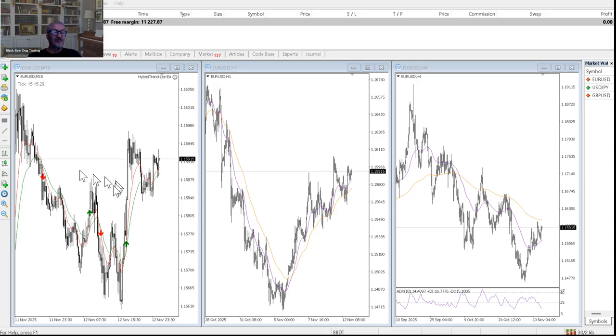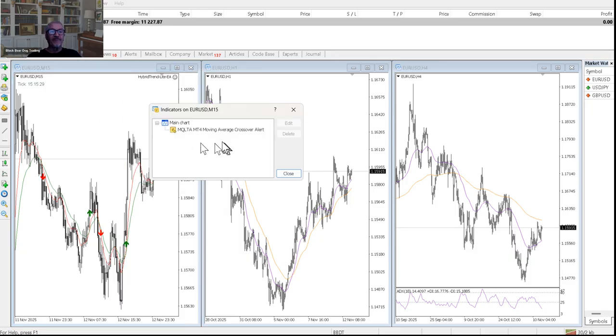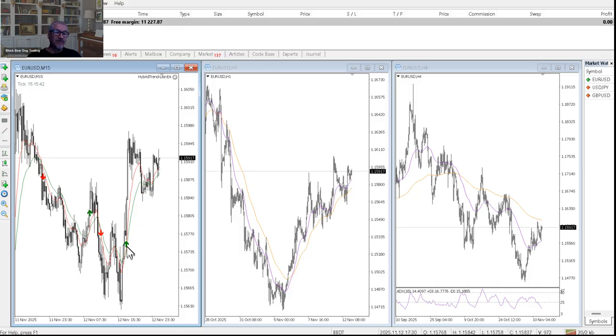This moving average in particular was a third-party installation, a freebie from MQL4 that I gave you a link to that you could download, and it would notify you, as you see here, when you would have actual crossovers, which is an important part of our trading strategy.